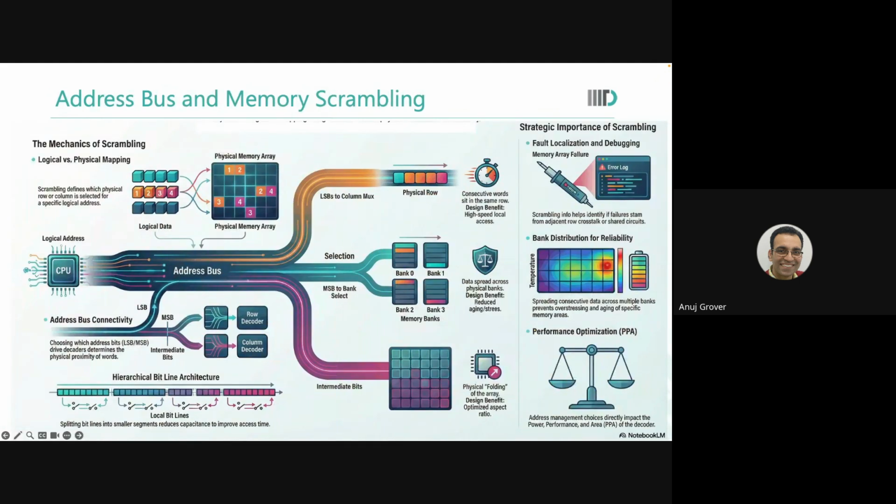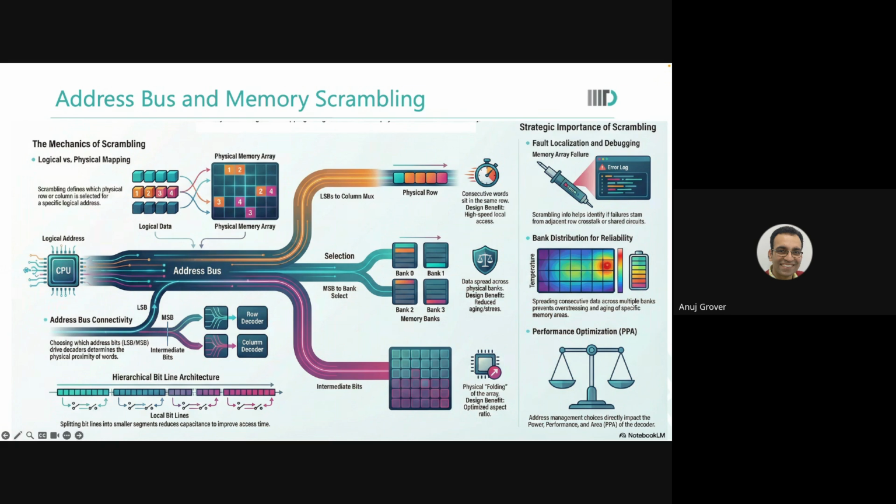So after that, we looked at the address decoding and its impact on the scrambling of memory. What is memory scrambling? The connection of the logical addresses and the physical addresses, physical locations.